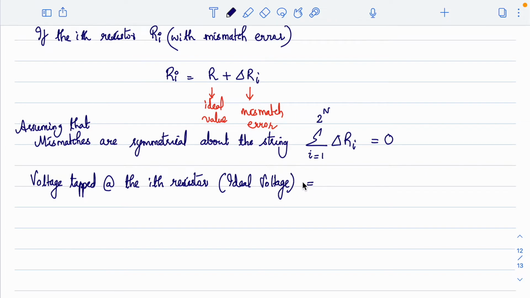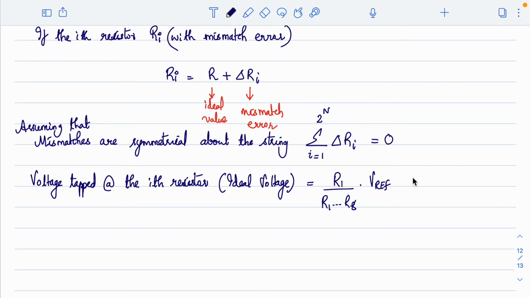In general we write it as Vref divided by 2 to the power of n, right? So Vref by 2 to the power of n. Now, how can we write this? In the previous case, how did we write? It is R1 divided by the sum of all the resistors from R1 to R8, into Vref. This is how we have written the ideal expression.